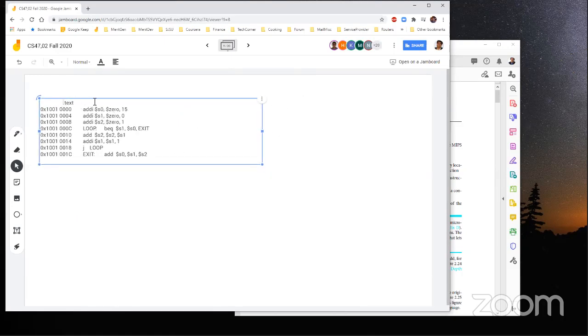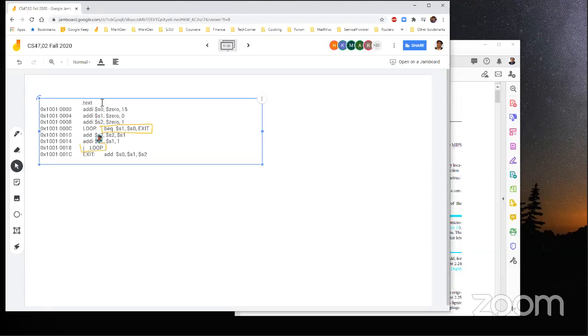Let's say I have a piece of code like this, and I want to compute the machine code for this instruction and this instruction.